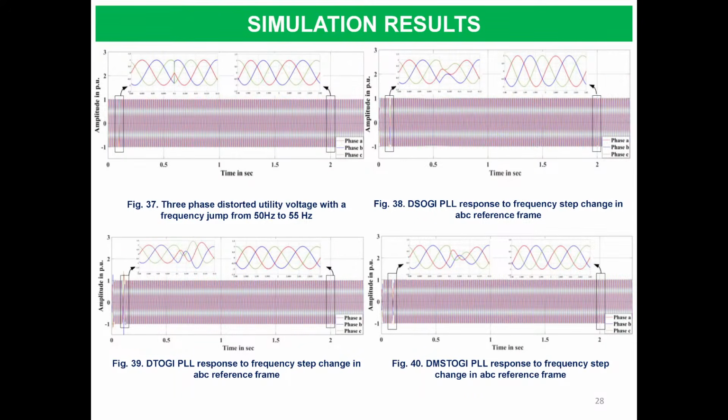And see, here the normal grid operating condition was 50 Hz, and for the time period of 0.1 to 2 seconds, we had provided a frequency jump case. So the frequency jump is from 50 to 55 Hz, and all the three PLLs are capable of estimating the frequency jump case accurately.